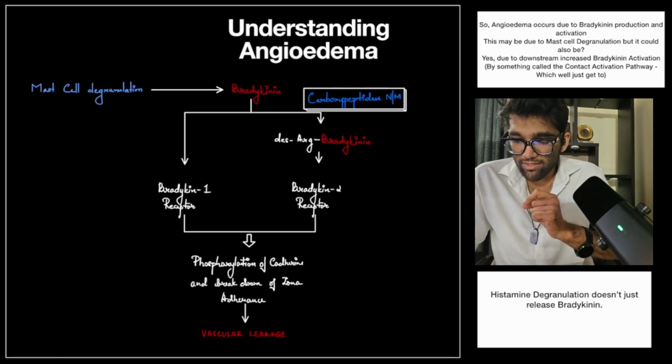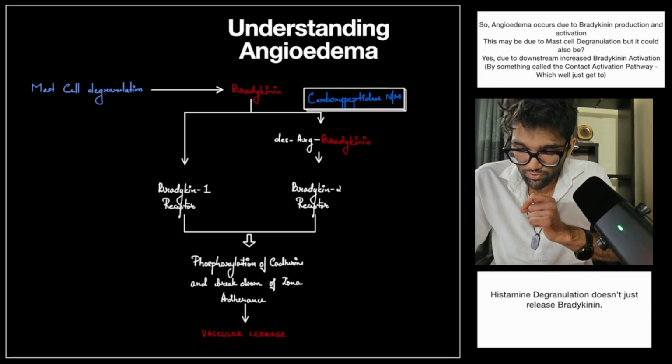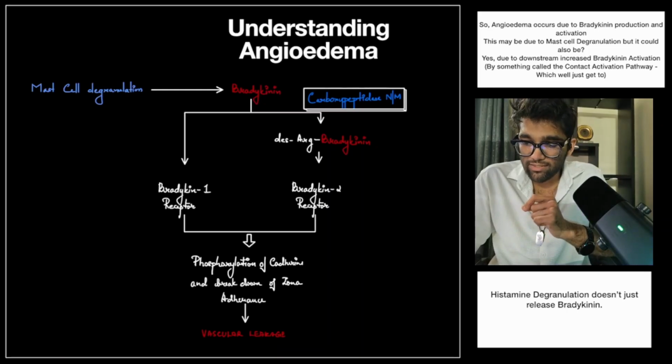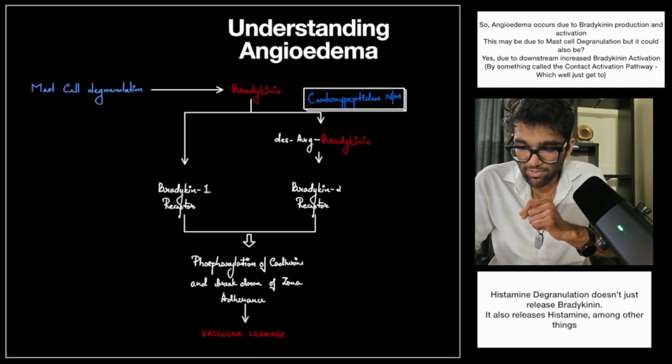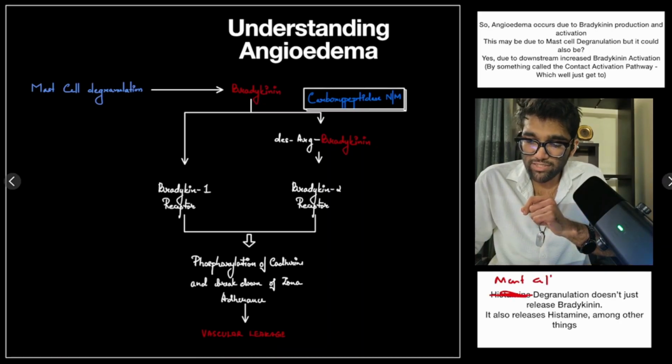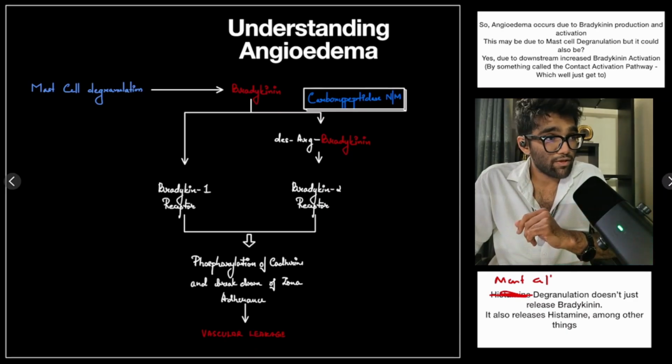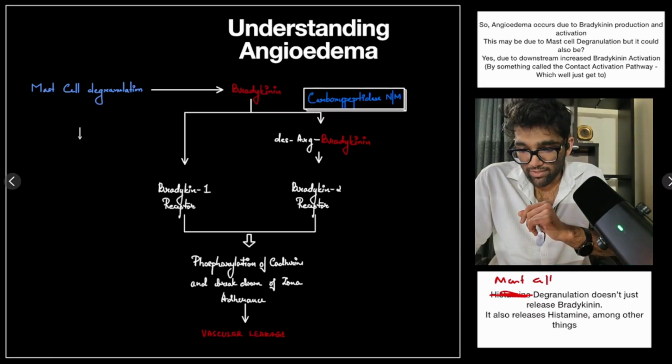Histamine. Okay, so not histamine degranulation. This is mast cell degranulation. Mast cell degranulation releases not just bradykinin, it also releases histamine, among other things.